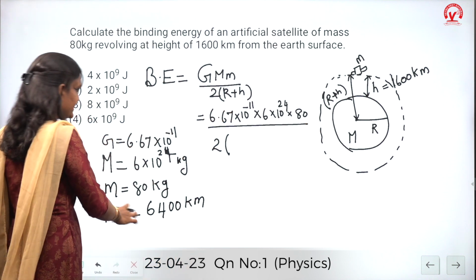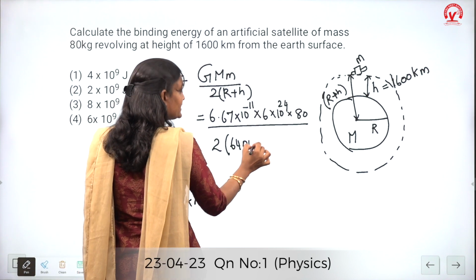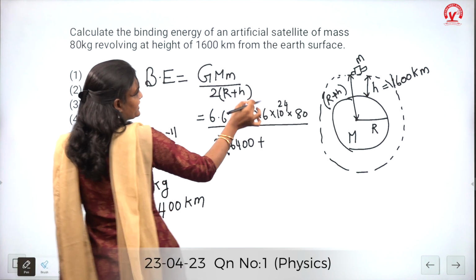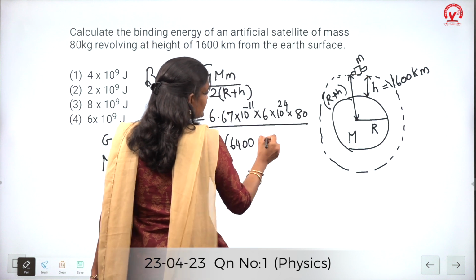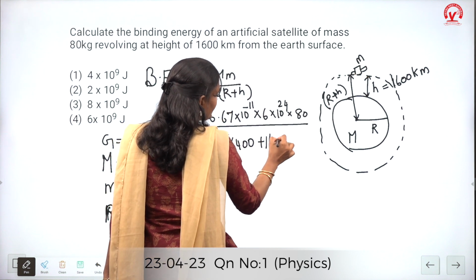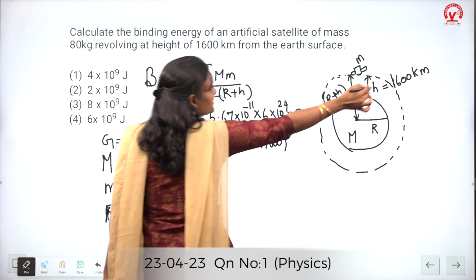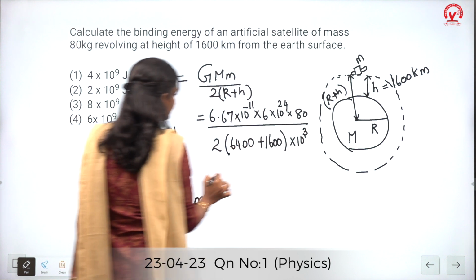R is the radius of Earth, that is 6400 kilometer, and the height from the surface to here is 1600. Since it is in kilometer, convert into meter with 10 power 3.